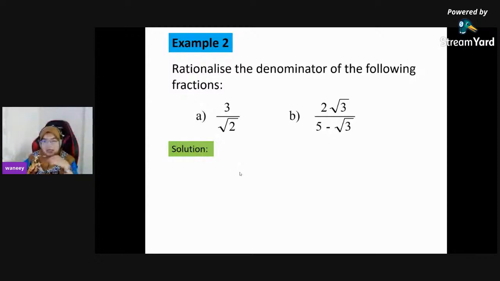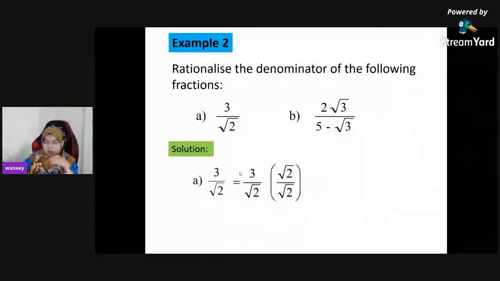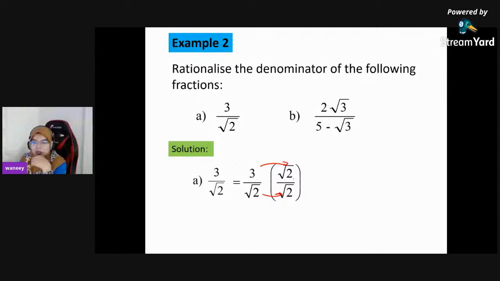So this is 3 over surd 2 times surd 2 over surd 2. So 3 times surd 2 becomes 3 surd 2, and surd 2 times surd 2 is 2. So it will become 3 surd 2 over 2.